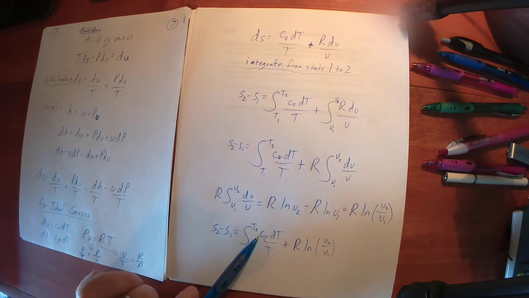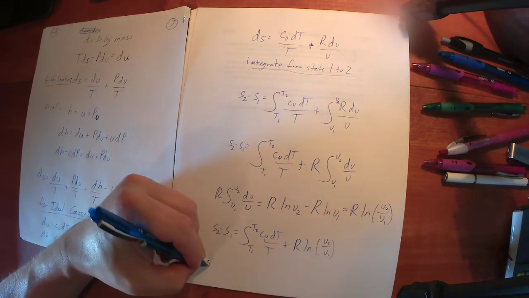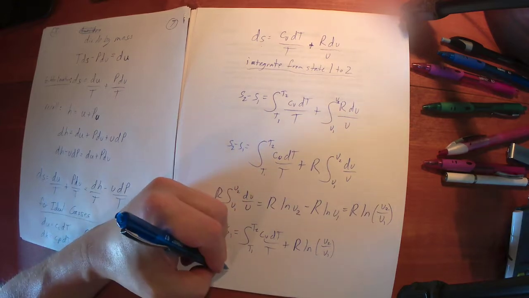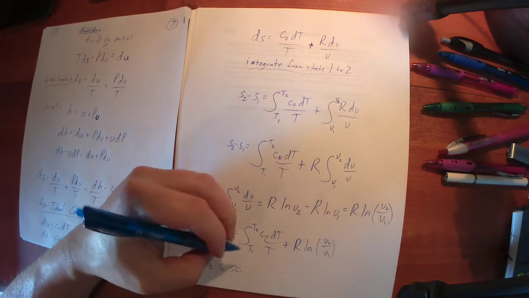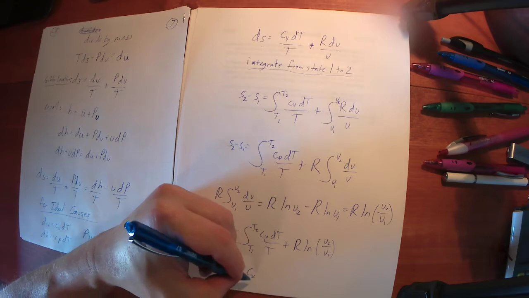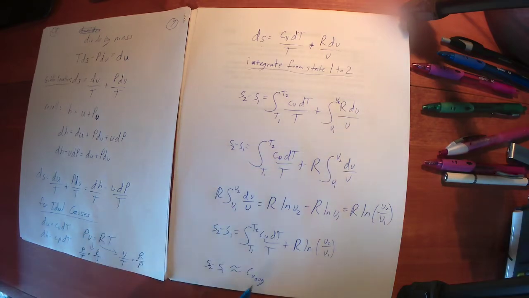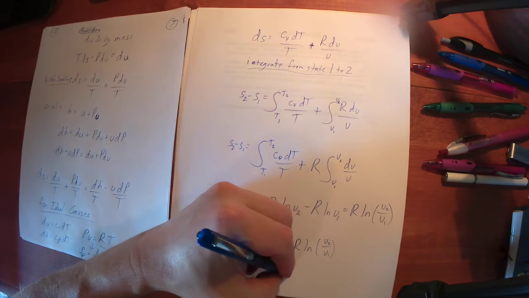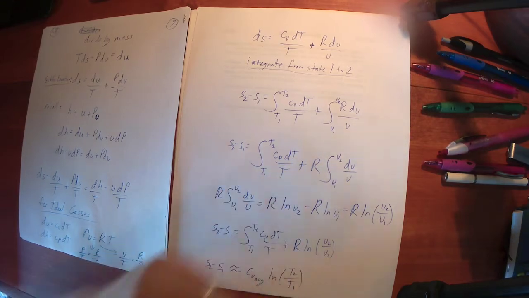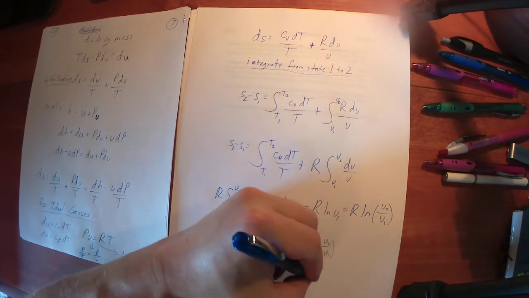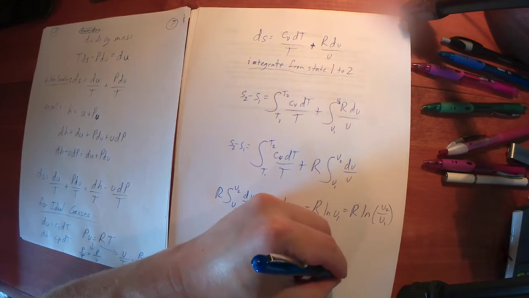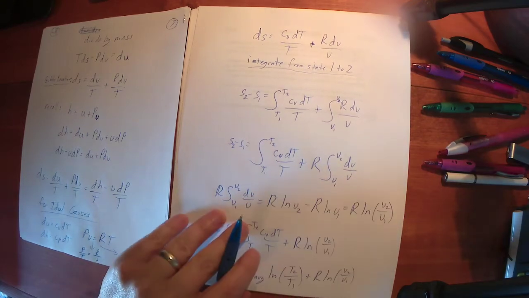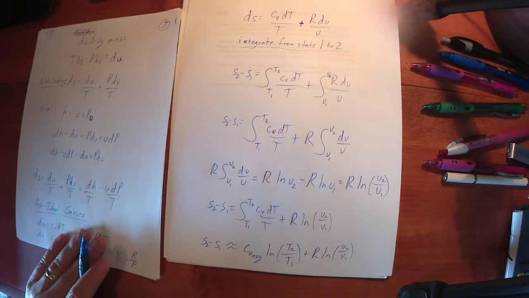That's true here also. So this is an approximation: s2 minus s1 is approximately equal to, if I assume C sub v is constant at the average temperature, then it comes out of the integral, and now I'm just integrating dT over T. As we saw, that's just the natural log of T2 over T1, plus this other term, R ln v2 over v1.